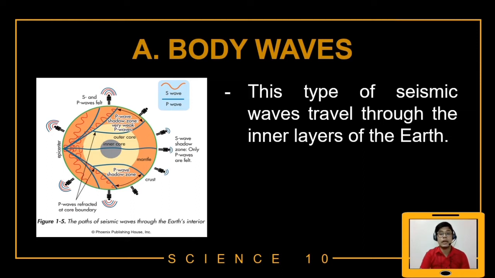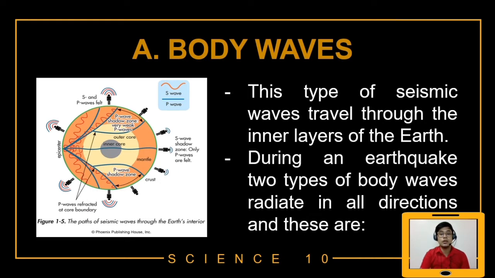So take note, they travel through the inner layers of the Earth. And during an earthquake, two types of body waves radiate in all directions, and these are as follows. But take note, body waves are hidden, they travel through the inner layers of the Earth. And we have two types of body waves that radiate in all directions during an earthquake.